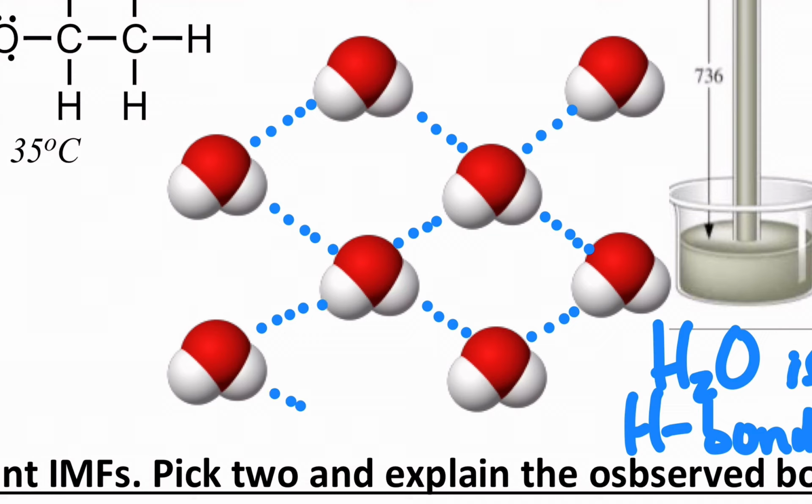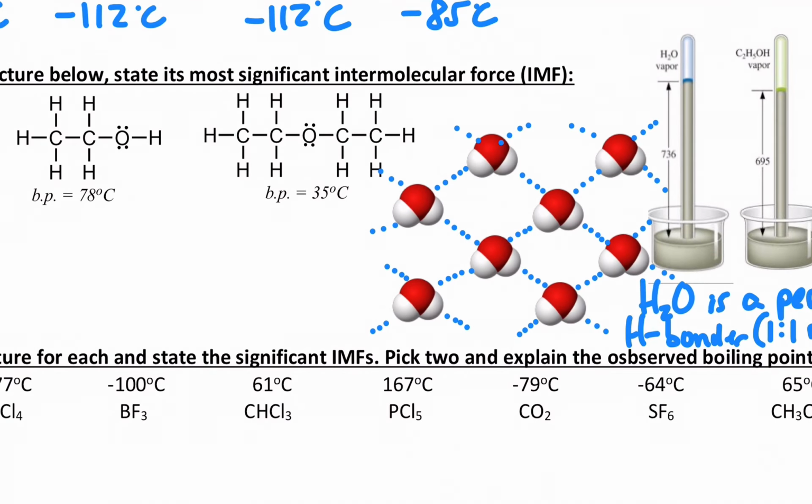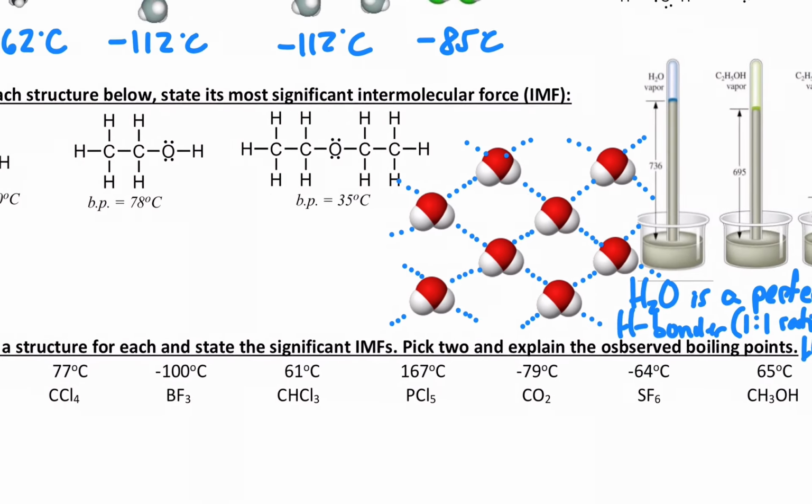And this just continues even into other molecules that aren't drawn in this giant network. This is what you would see in, let's say, just a crystal of ice. You would have a continuum of H bonds, very strong intermolecular forces between water molecules.